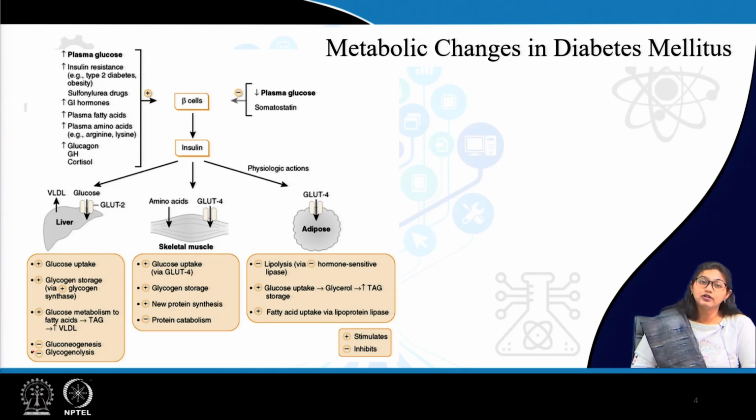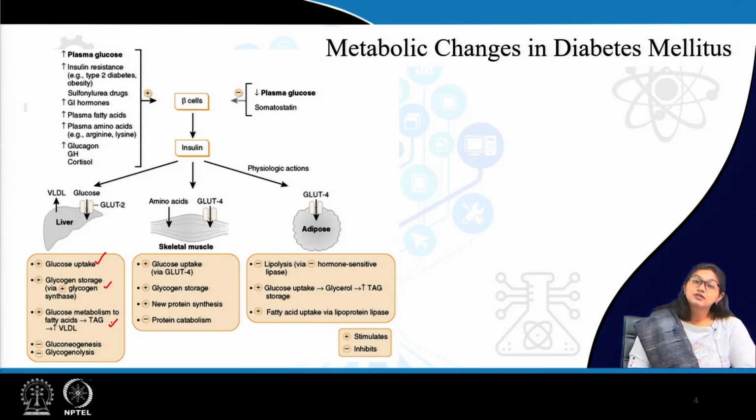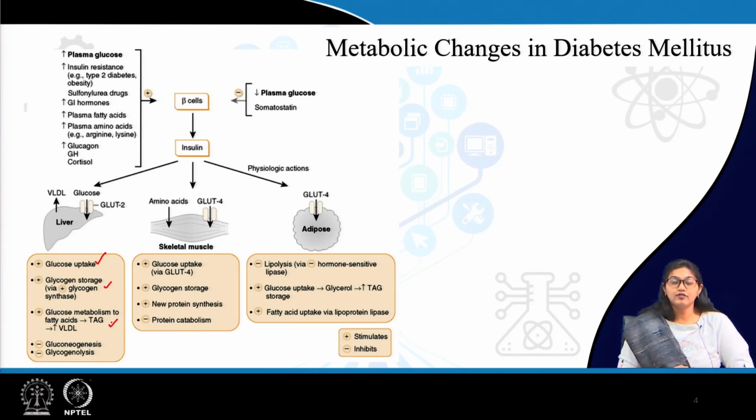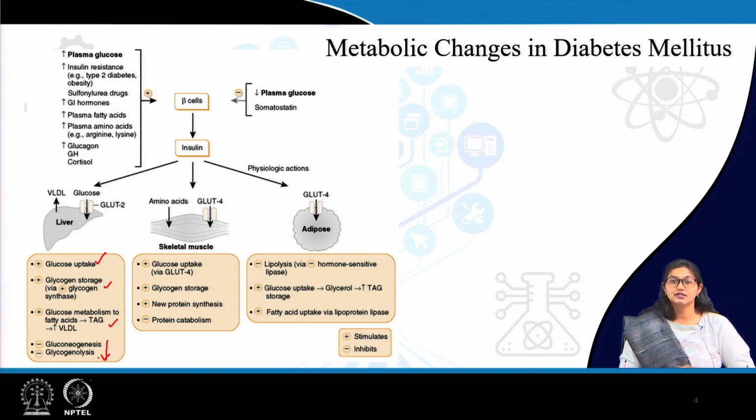Insulin is important for uptake of glucose inside cell, glycogen synthesis for storage inside cell, storage of lipid in the form of triacylglycerol because it forms VLDL in cell, then it inhibits neoglucogenesis or glycogenolysis.